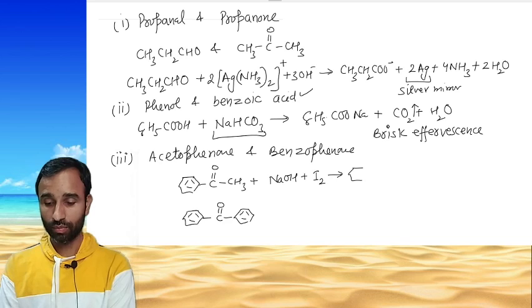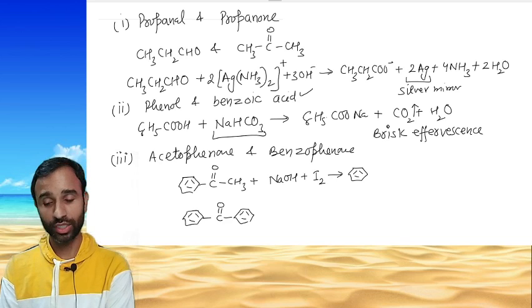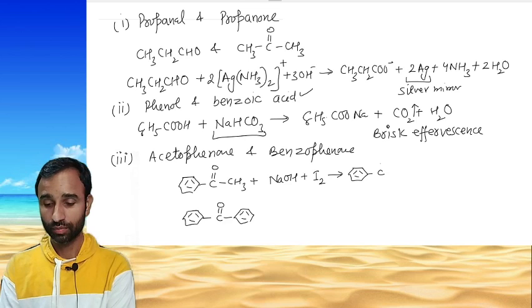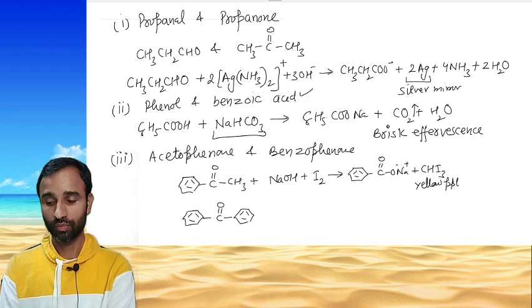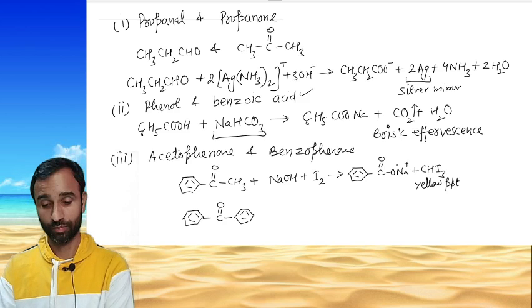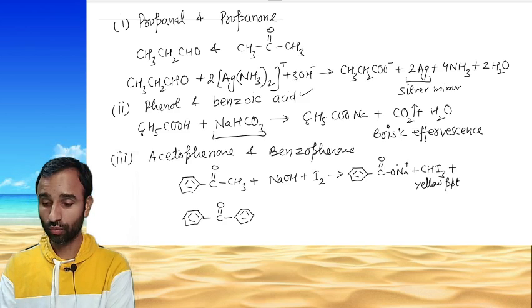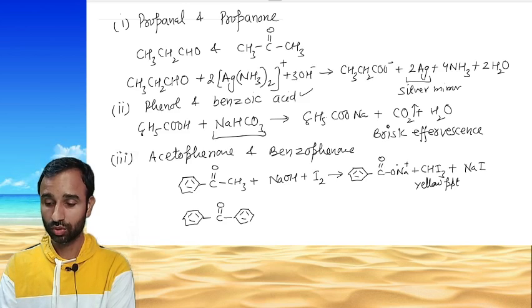In the iodoform test we have sodium hydroxide and I2, which gives the sodium salt of benzoic acid and a yellow precipitate of iodoform, along with sodium iodide.